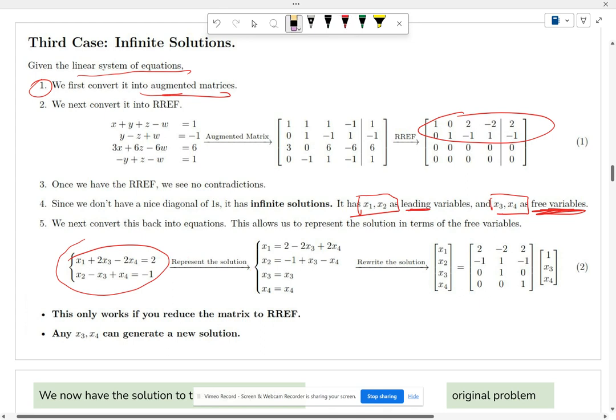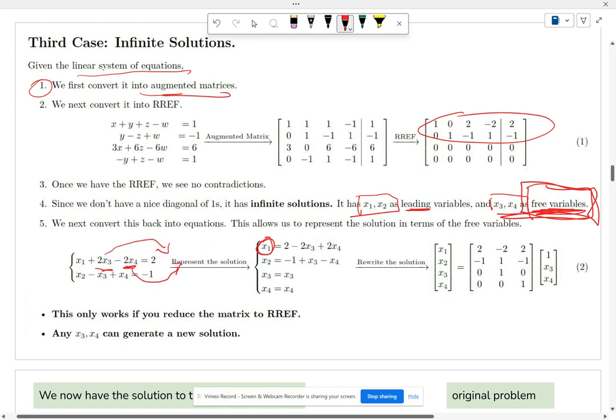The way you do that is you represent every variable in terms of the free variables. So x1, how do we represent x1 in terms of the free variables? Well, x3 and x4 are the free variables. So why don't I just move this here and this here?